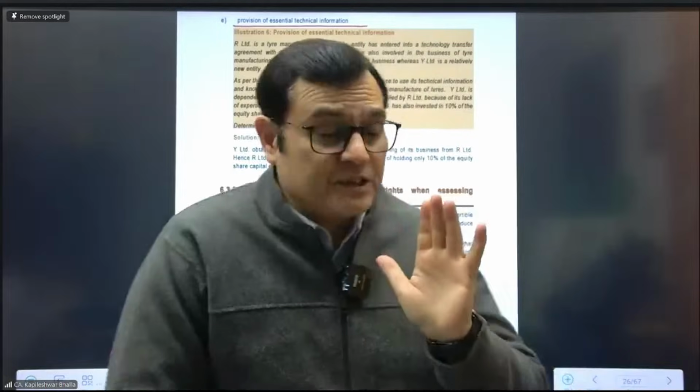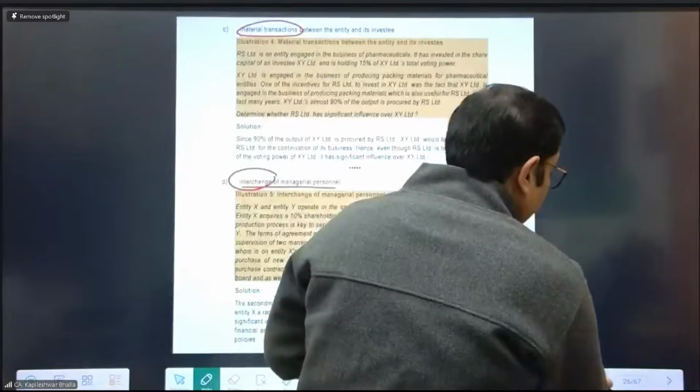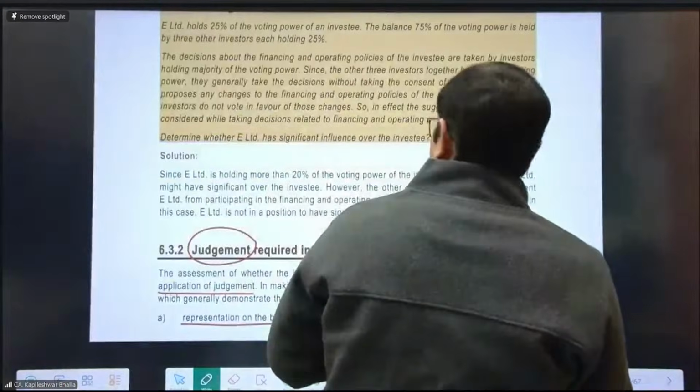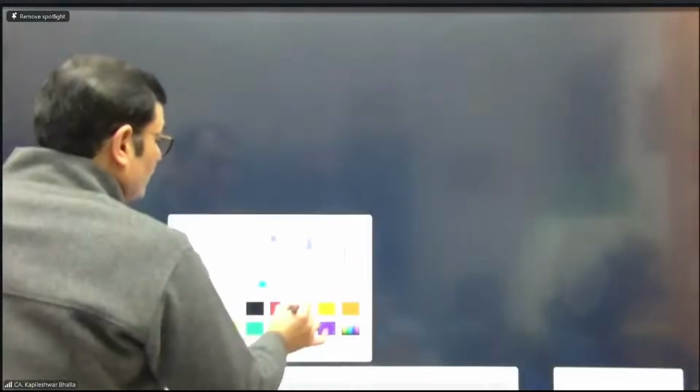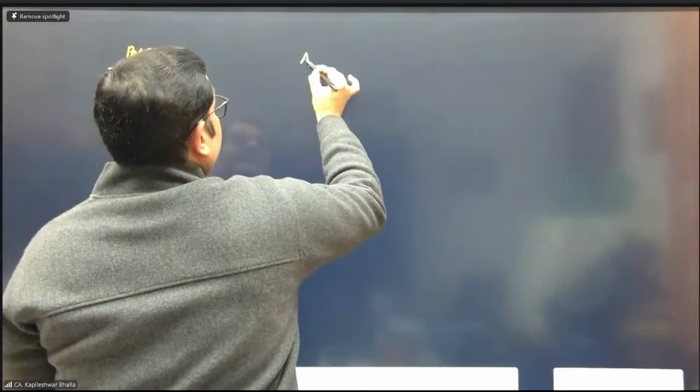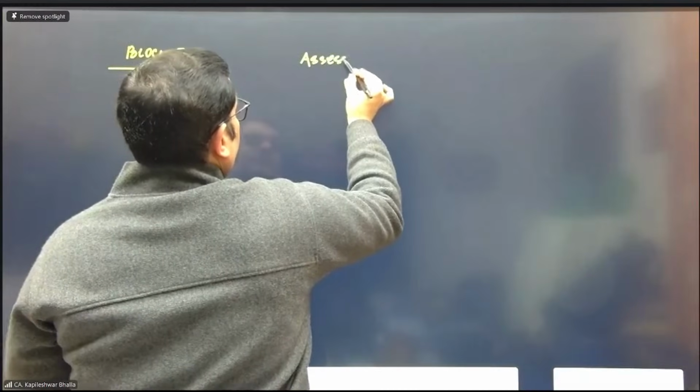Now, what is important in this case is that directly is understandable, but indirectly will always be through a subsidiary. Let me expand. This is another very crucial point in this particular case. So we're looking at block number one, that is assessment of significant influence.